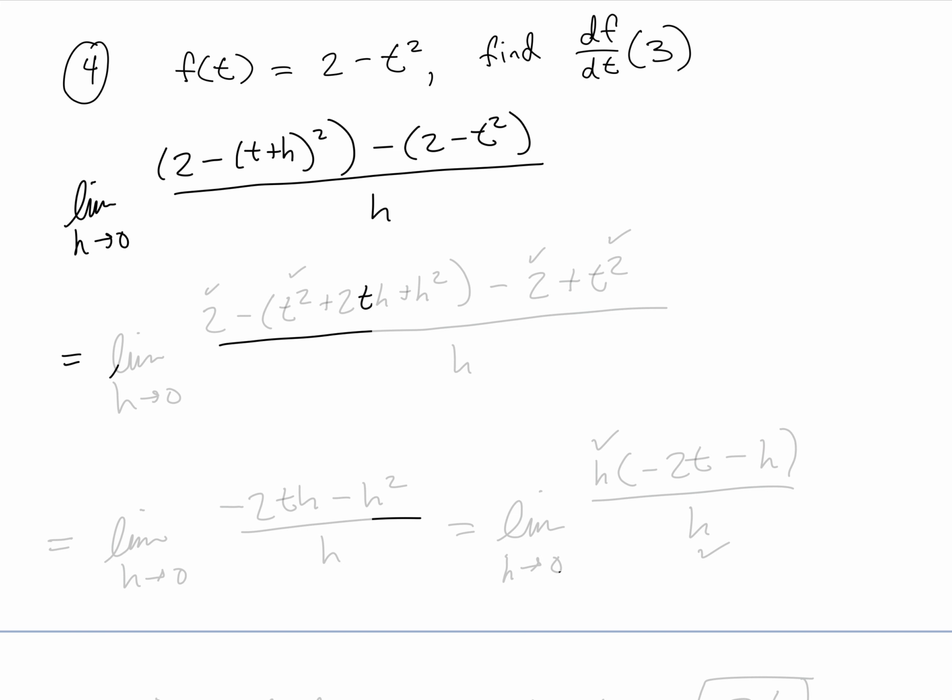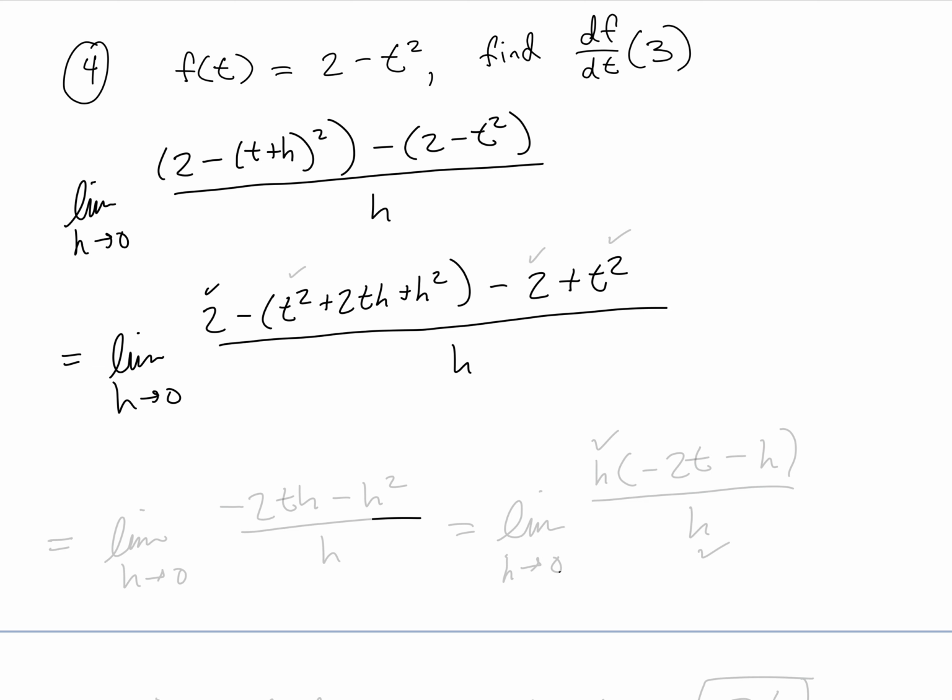And so that's the limit as h goes to 0 of 2 minus, and then (t plus h) squared is t squared plus 2th plus h squared. You can do that out separately if you wish. Minus 2 minus a negative, so plus t squared, all divided by h.